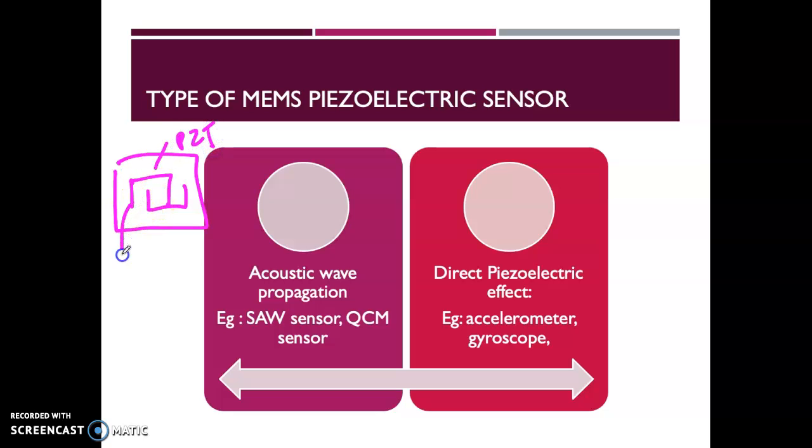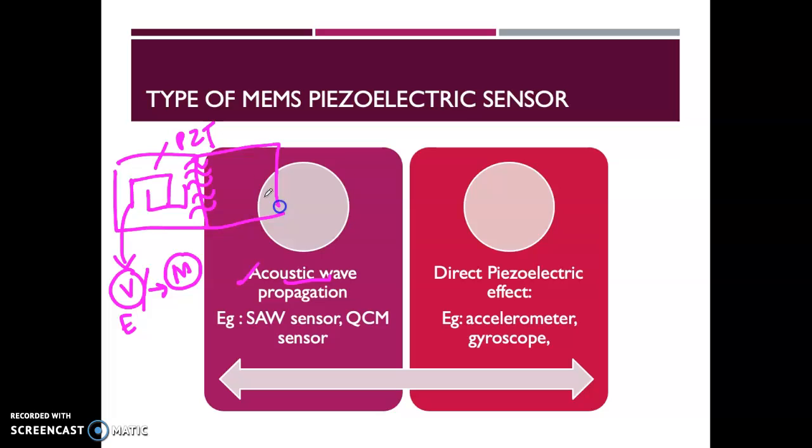What you need to apply here for your acoustic wave is a voltage, either RF signal or some frequency, RF voltage. When you apply the voltage here, since this is a piezo material, this electrical voltage will change to mechanical, where there will be some waveform on the piezo substrate. So that's what we call acoustic wave.